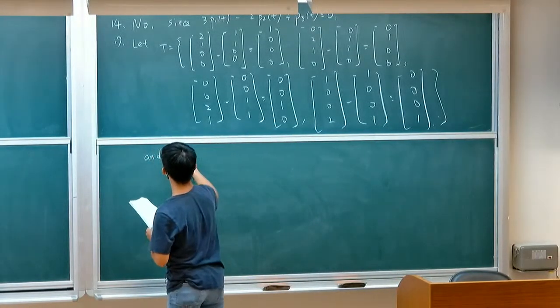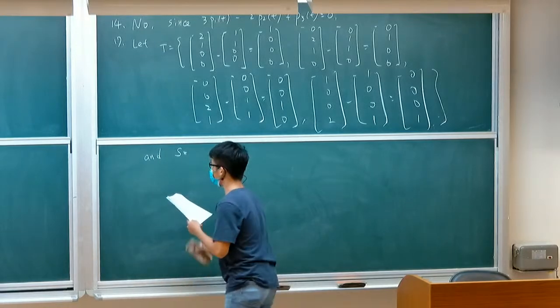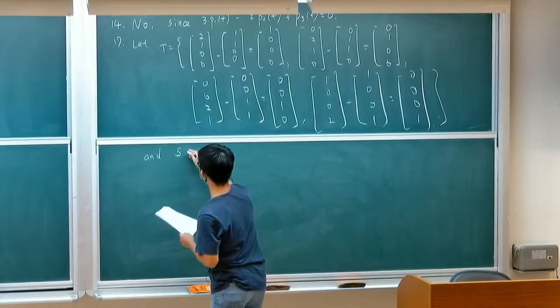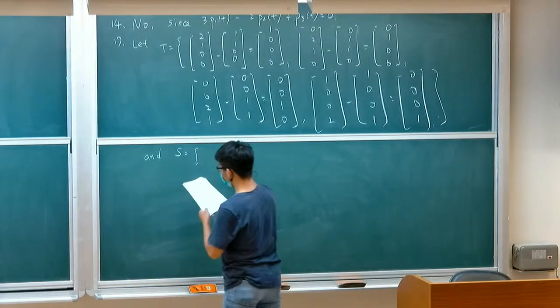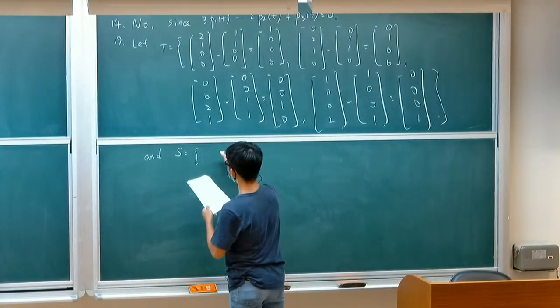And with that, let S be the set that contains all the vectors with exactly 2 zero entries.